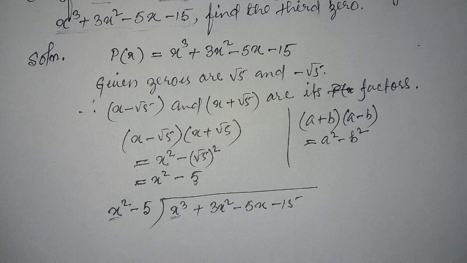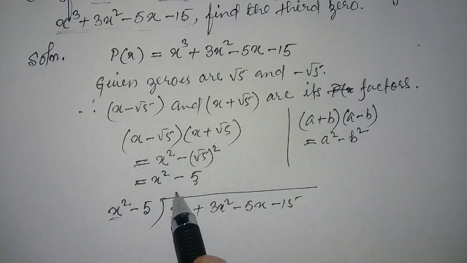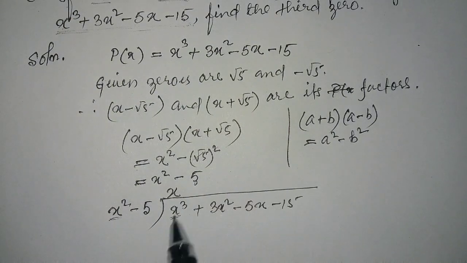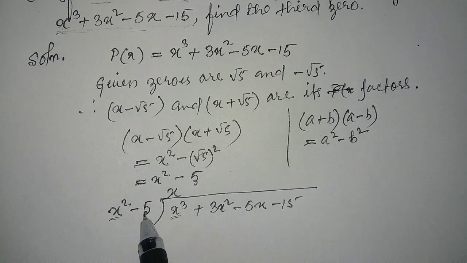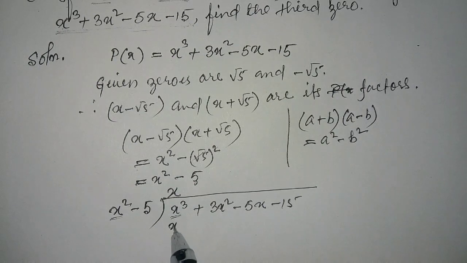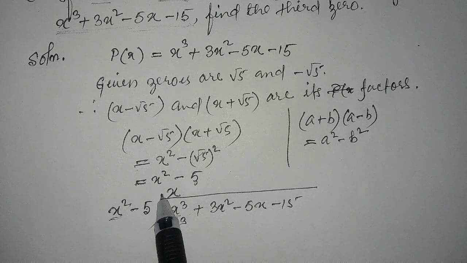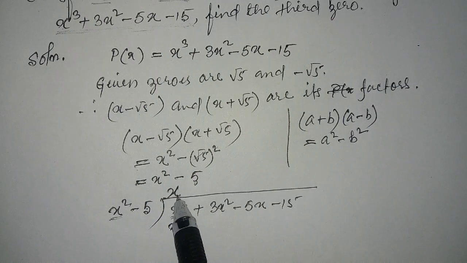Here it is x square, and here it is x cube. So to get x cube you have to write x here. Now x is to be multiplied by this as well as this. So x into x square gives x cube. Again multiply these two: minus into plus is minus, so 5 into x is 5x.